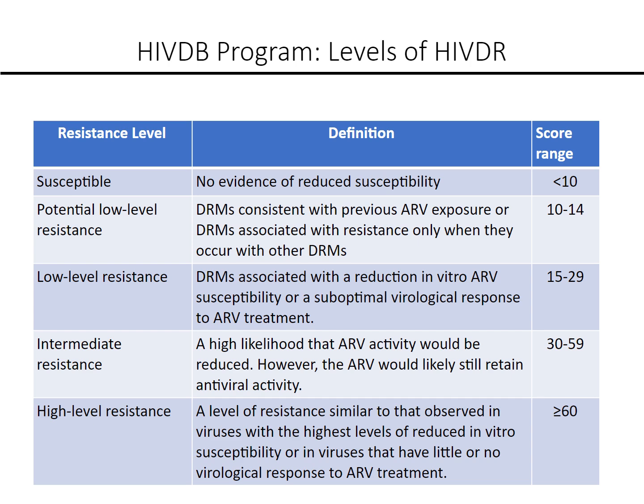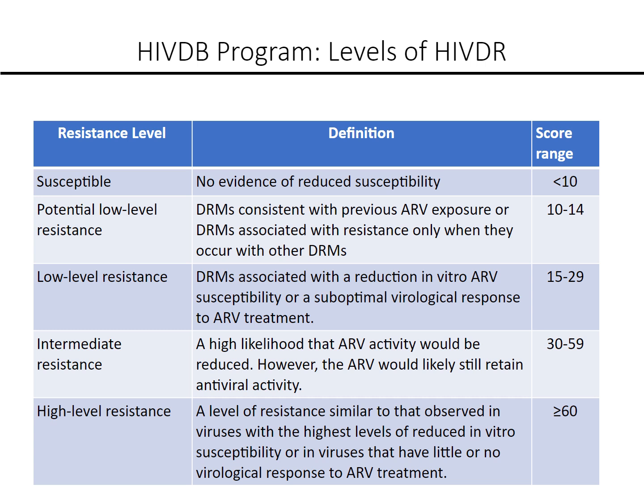Low-level resistance is assigned when a virus has drug resistance mutations associated with some degree of reduced in vitro susceptibility or a suboptimal virological response to antiretroviral treatment compared with a wild-type virus. Intermediate resistance is assigned when there is a high likelihood that an antiretroviral drug's activity would be reduced, but that the antiretroviral would still retain significant antiviral activity.